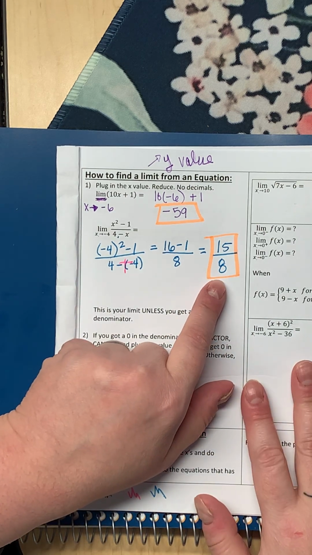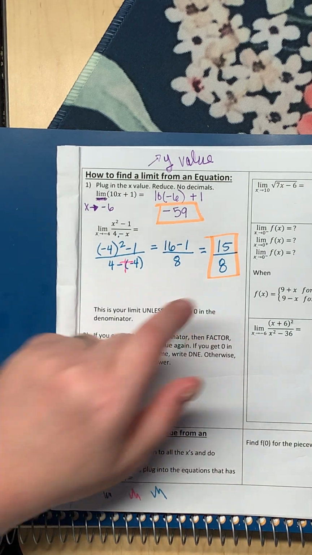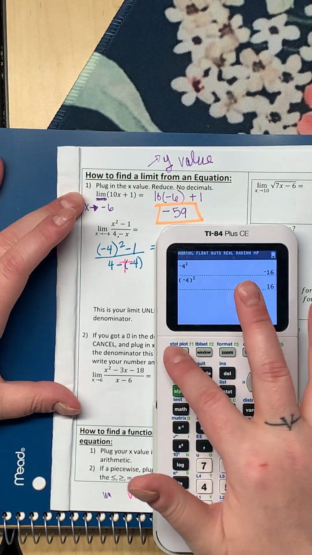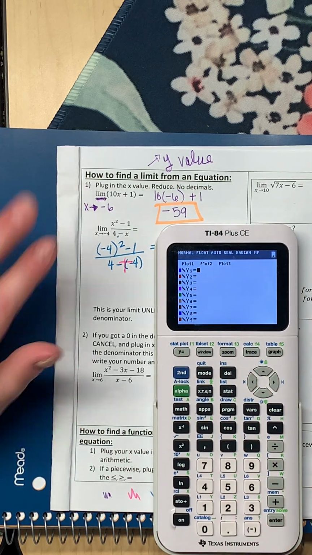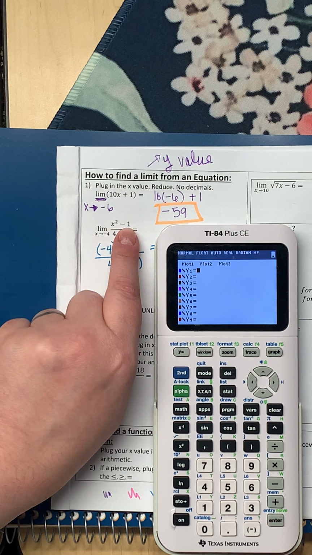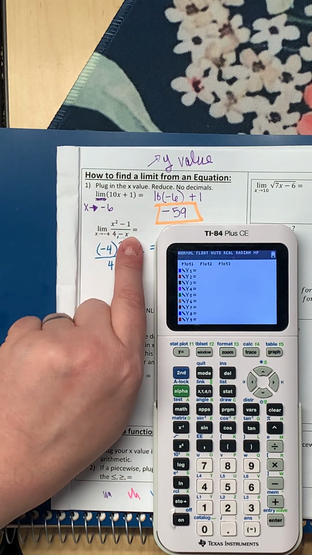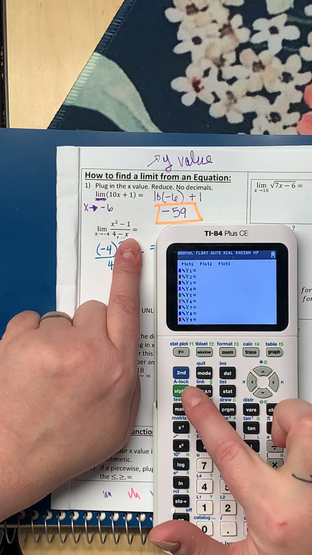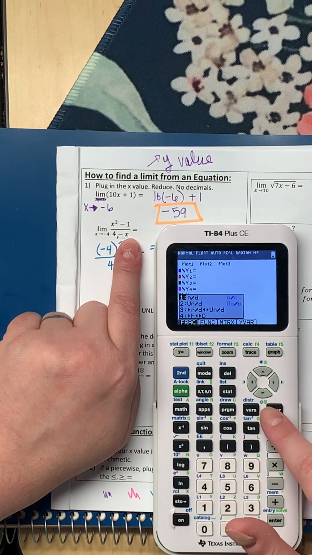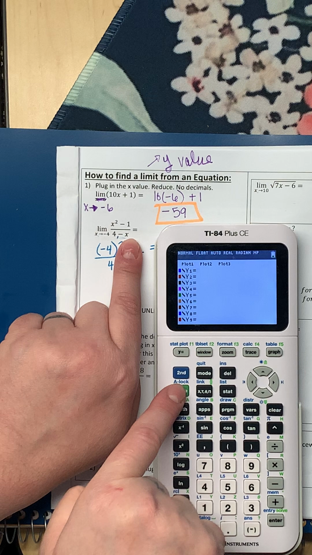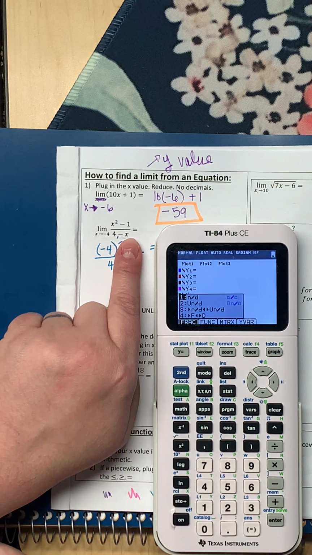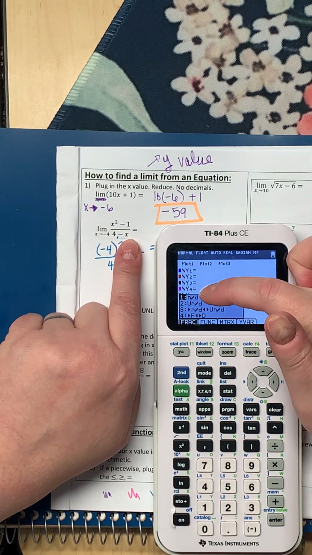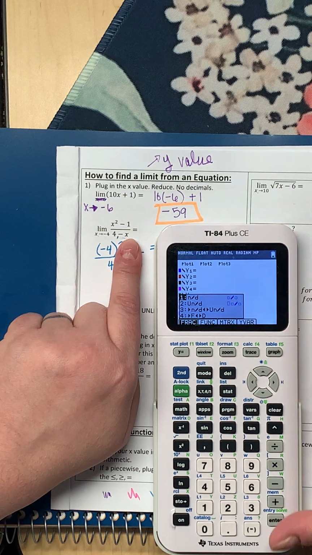Okay, now if I wanted to type this in my calculator, I could go to y equals, and type x squared minus 1 over 4 minus x. If you have a newer calculator like me, you can press the green button, then the y equals in the top left, and it says n/d on number 1, press enter.